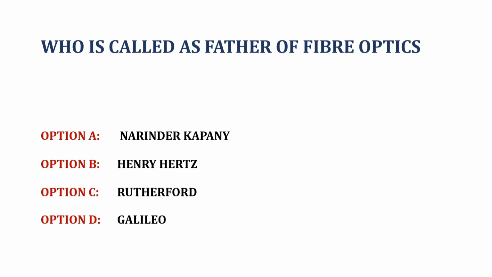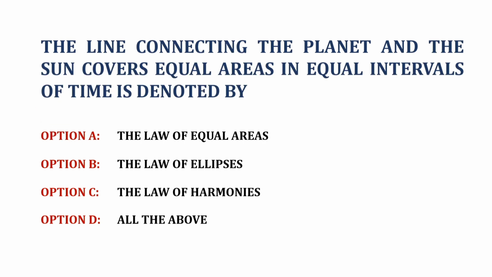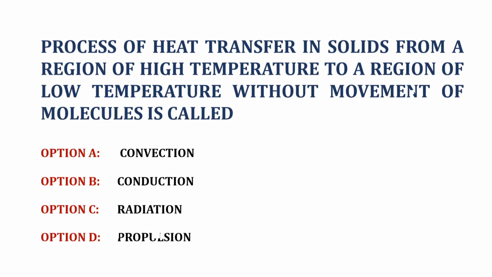Who is called the father of fiber optics? Option A, Narendra Kapany. The line connecting the planet and the sun covers equal area in equal interval of time is denoted by? Option A, the law of equal areas.